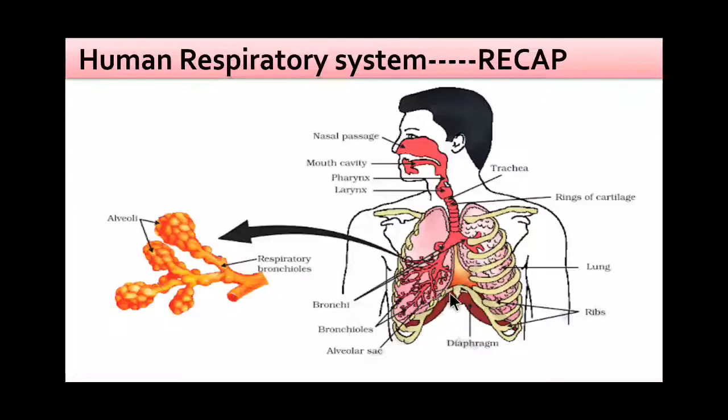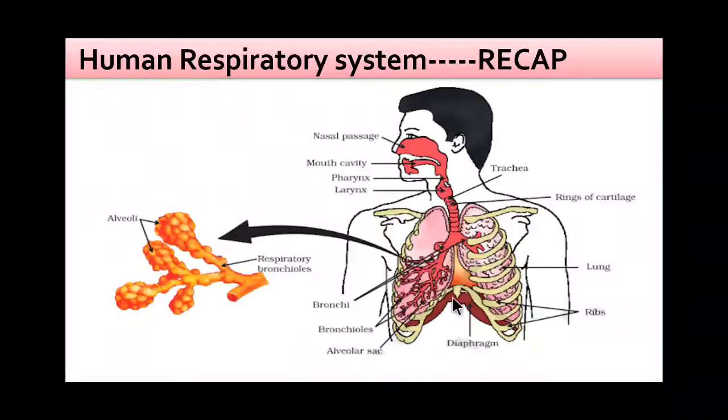Now within the lung, the two major bronchi further divide into secondary bronchi, which subdivide into smaller tertiary bronchi, and finally into smaller bronchioles. Okay, now these smaller bronchioles finally lead to the alveolar sac, and then they give rise to a bunch of grape-like structures that are called alveoli.